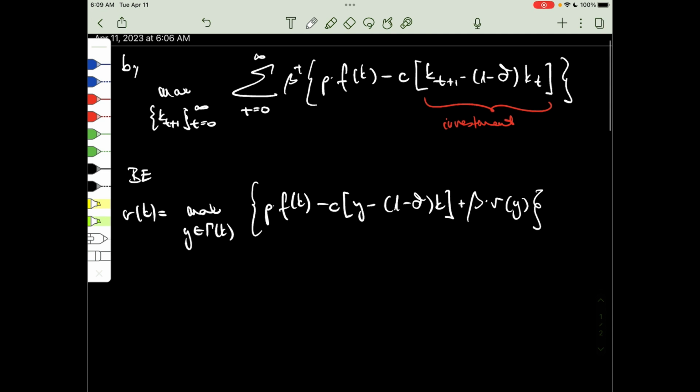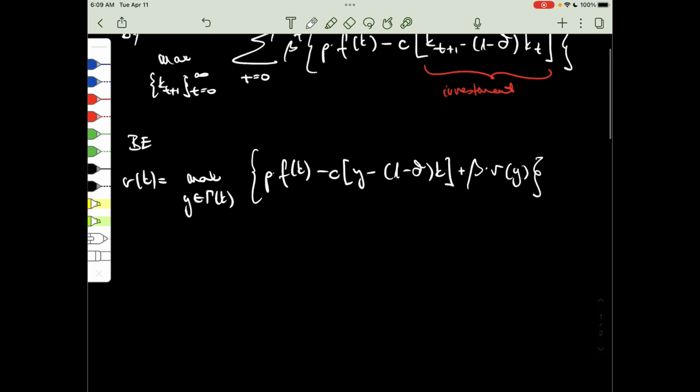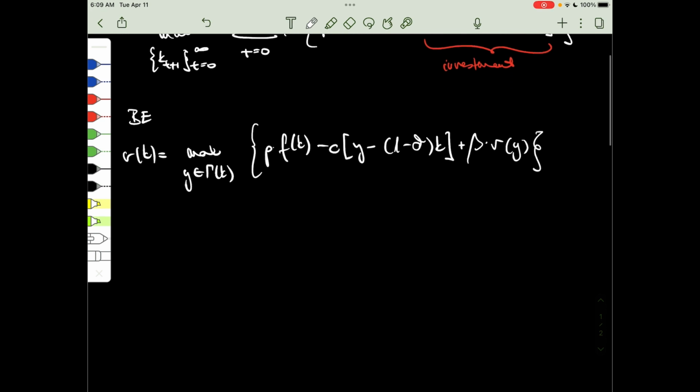So this is the Bellman equation, and at this point we should check all the basic assumptions, which we won't do now to save time. Trust me, everything is fine. So all the basic assumptions hold. So we can proceed to solving the Bellman equation.